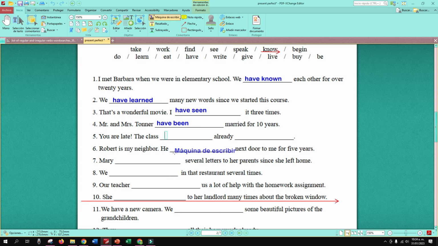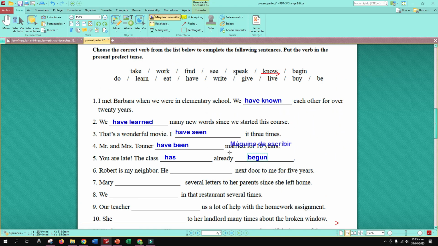If you're talking about the class, has. Yes, has already. We don't have started, but we're going to use begin, right? So begin in past participle will be begun, right? So you're late, the class has already begun. We can say that or start if we have that verb.